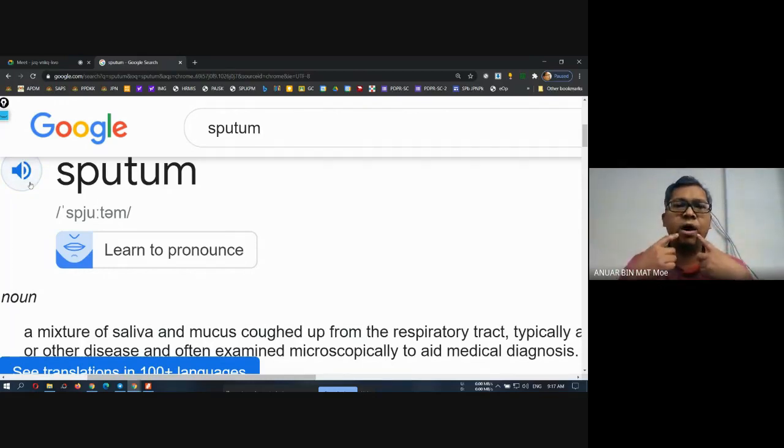Saliva inside our mouth and mucus coughed up from the respiratory tract, mainly in our lung. In Bahasa Melayu we call it kahak. A very thick substance that when we cough up, it is removed with the mixture of saliva. This is sputum.